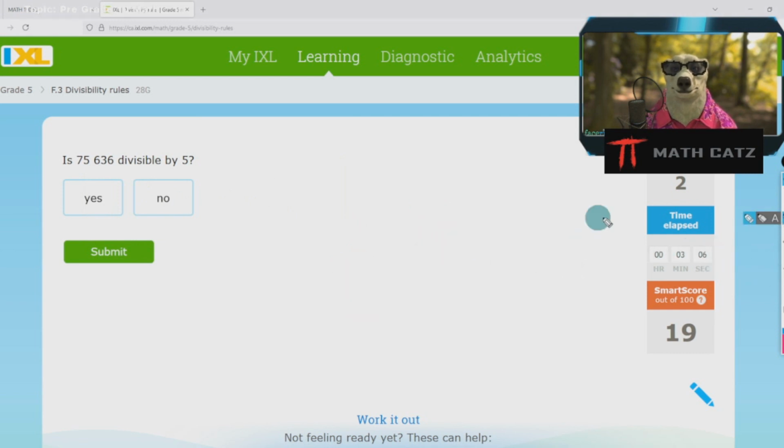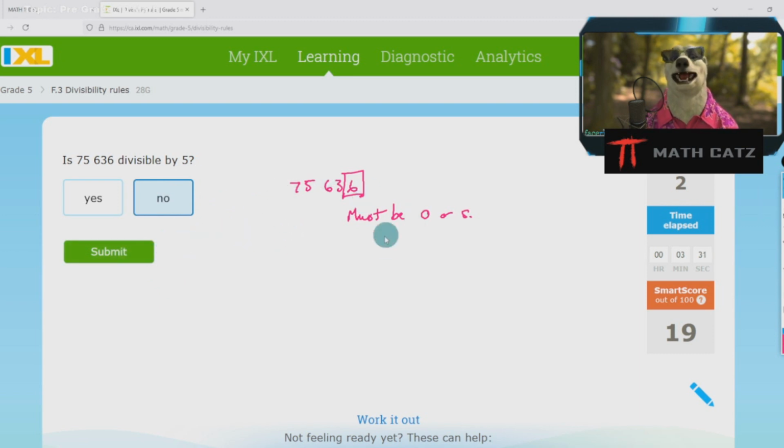Divisibility by 5. I'll just write the number again, 636. But we only need to look at that last digit. It must be 0 or 5. It is not, so therefore it is a no. So it's important that we say a little something, right?